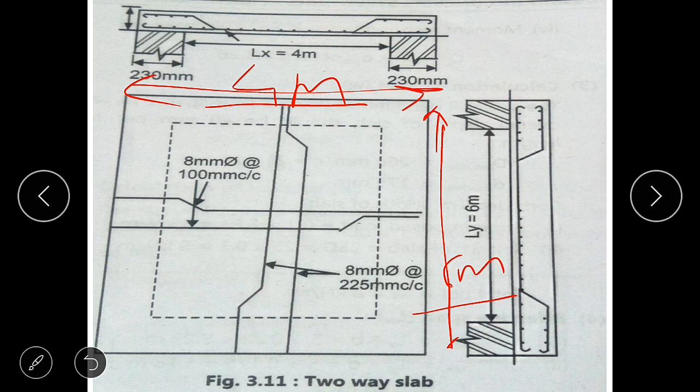We provided along X the main steel bar of 8 mm with spacing 100 mm, and in the Y direction a bar of 8 mm with spacing 225 mm center to center. We provided bars in both directions, main steel in the X direction and main steel in the Y direction, because it is a two-way slab. Okay, and the masonry width is 230 mm.